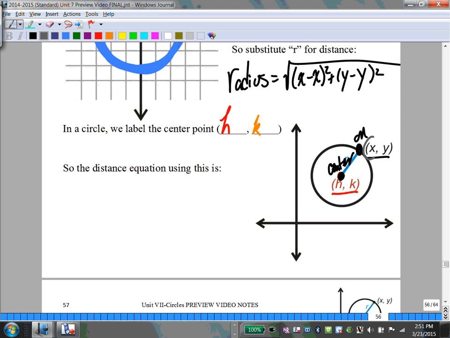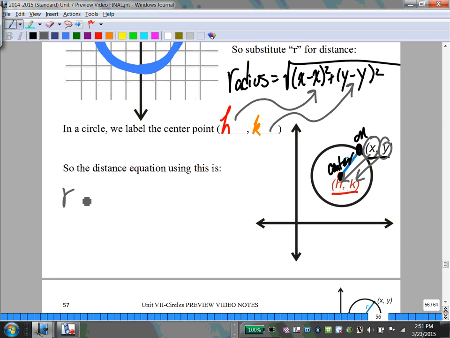The first x is x, the second x is going to be h. And the first y is y, but the second y, we're going to use that variable k.